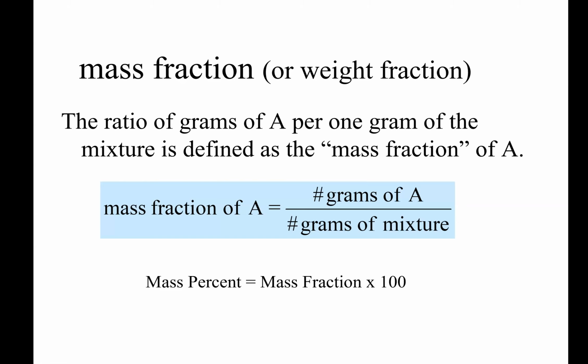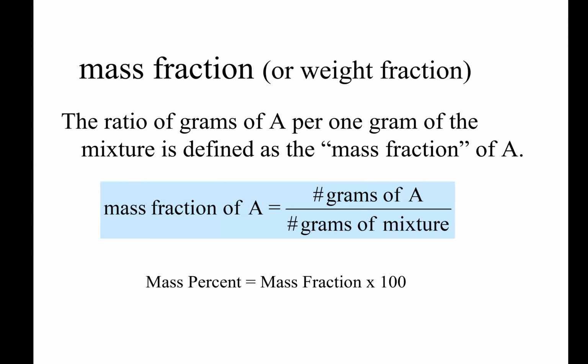We could state that in terms of 1 gram. How many grams of sodium hypochlorite would we have in 1 gram of Clorox? Anybody? 0.074. Yep. See how that works? She moved the decimal place over 2 places.